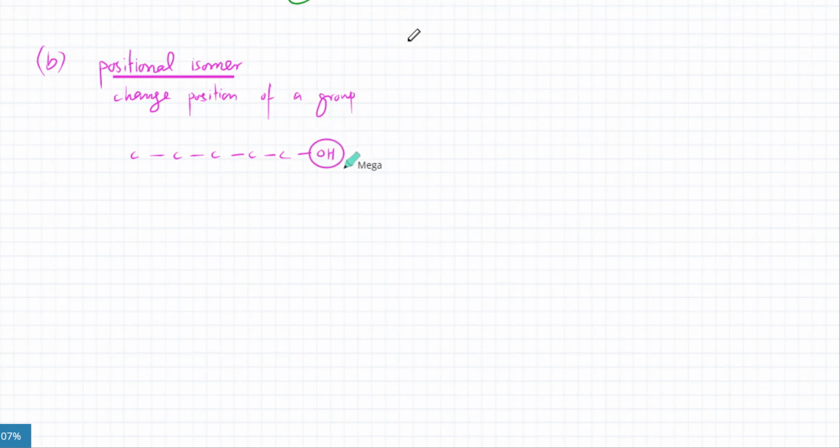I'm ignoring all the hydrogens. So there are 5 carbon atoms with an OH at the end. I can make a lot of positional isomers. There could be another molecule which is structurally different, with 5 carbon atoms and the OH on the second carbon atom. Is that clear?